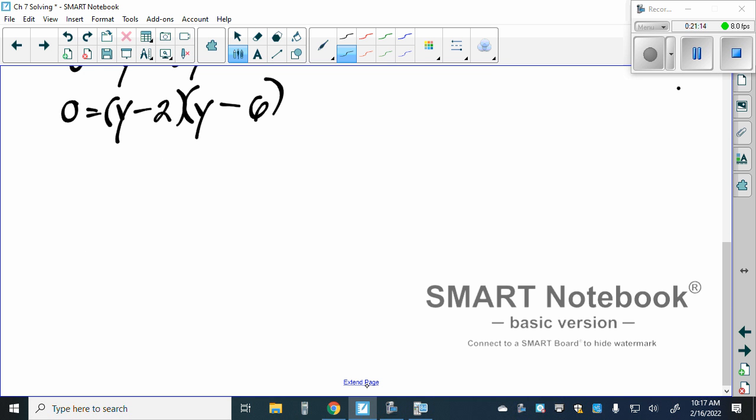Well, looking at this here, we know the values of y have to be what? 2 or 6. Actually, at this point, solving this was almost the exact same as finding the restrictions at the beginning.